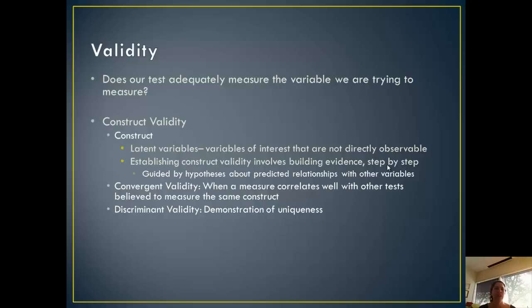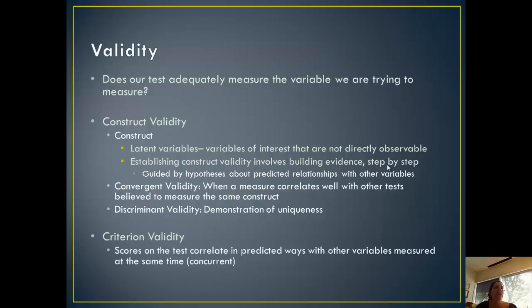You can look at related constructs that should have correlations or have predicted correlations with your variable of interest, but that shouldn't be identical, that shouldn't be completely the same or have very high correlations close to 1. You could also make predictions about discriminant validity in terms of what your test shouldn't measure or what it should negatively correlate with.